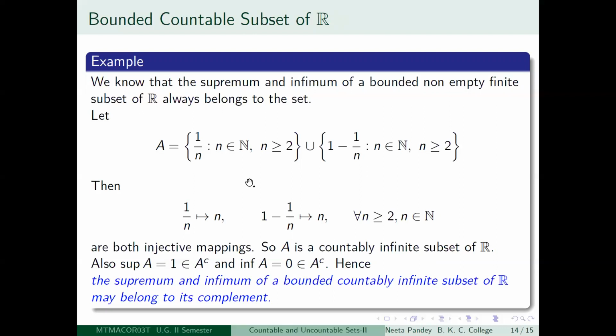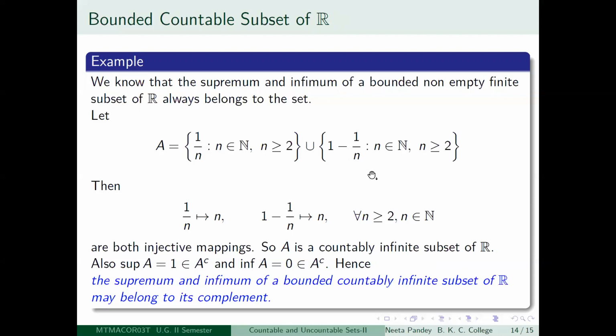I have constructed this example, and you will be able to construct many such examples. What I am basically doing is looking at all 1 by n: half, 1/3, 1/4, and so on, which is decreasing to 0. And here I am looking at all 1 minus 1 by n: 1 minus half, 1 minus 1/3, 1 minus 1/4, and so on, which is increasing to 1.